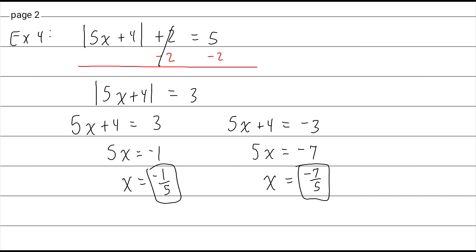One more. Solve the equation 5 minus the absolute value of 4x plus 3 equals 2. Again, we need to get the absolute value by itself.